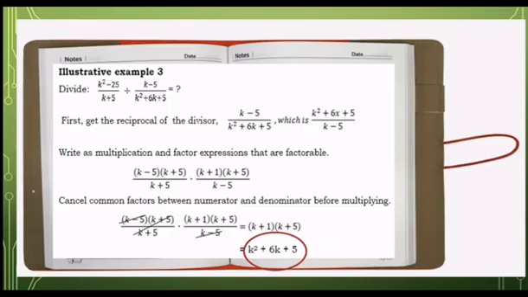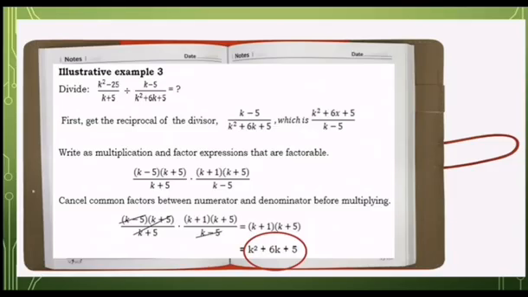Cancel common factors between numerator and denominator before multiplying. So the common factors are k minus 5, cancelled out, and another k plus 5. So the remaining factors are k plus 1 and k plus 5.